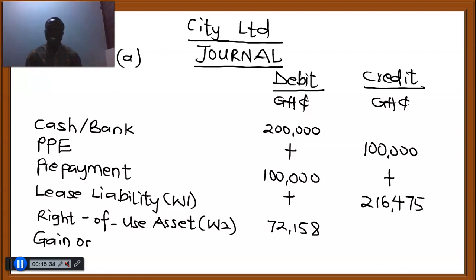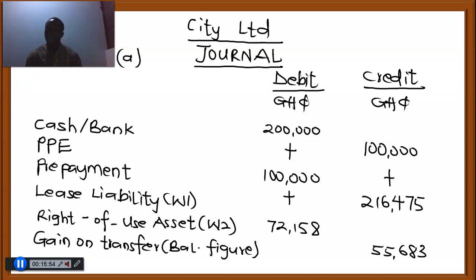So it is a gain on transfer. This is the balancing figure. And we have an amount of 55,683 as the balancing figure. So this answers requirement A.